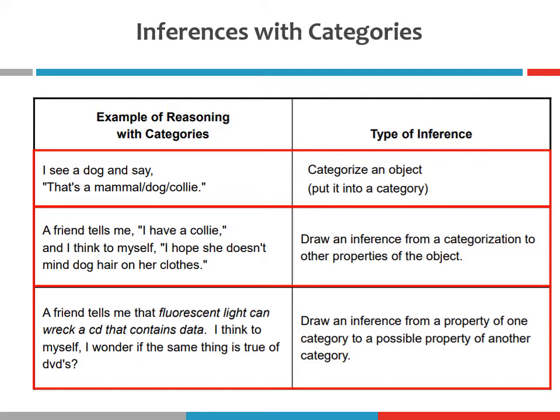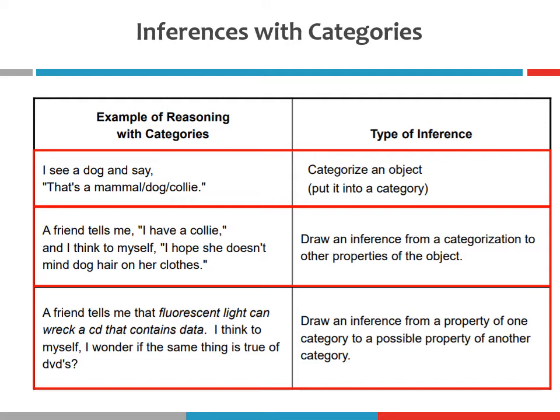You could say that dog is a member of the category dog, that dog is an exemplar in the category collie, etc. So you can go from the global category of mammal all the way down to a more specific category of collie.